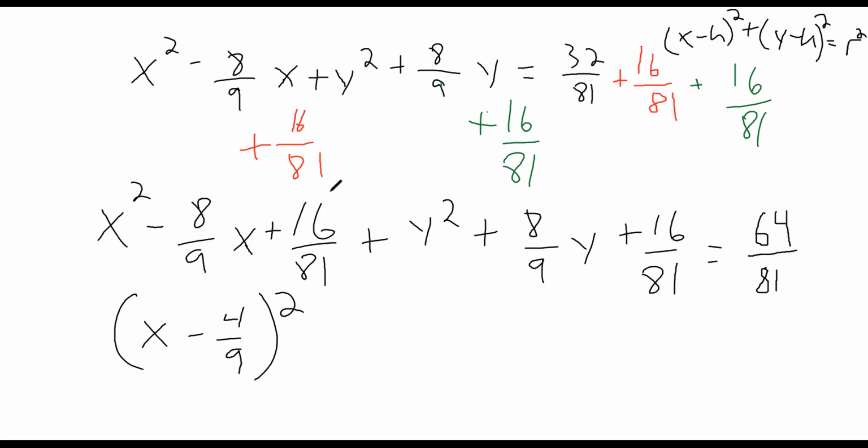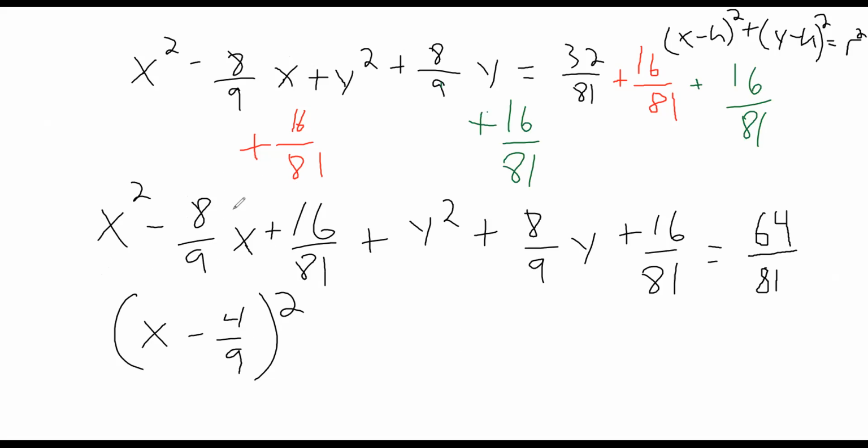And now the completing the square process dictates we take this thing, we've got 8/9, and we're going to end up writing that as x minus half that, squared. And if you don't believe me, you can try foiling this out. You can do x minus 4/9 times x minus 4/9. After you combine like terms, you'll get exactly this.